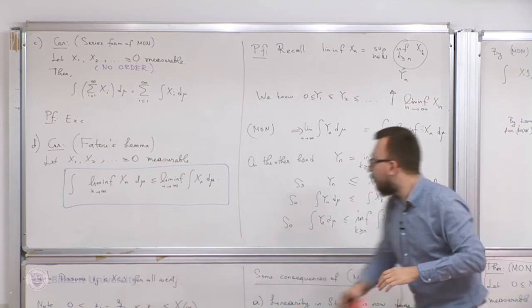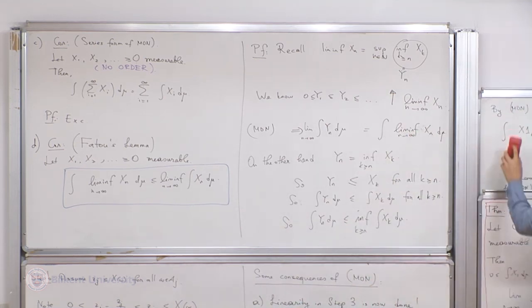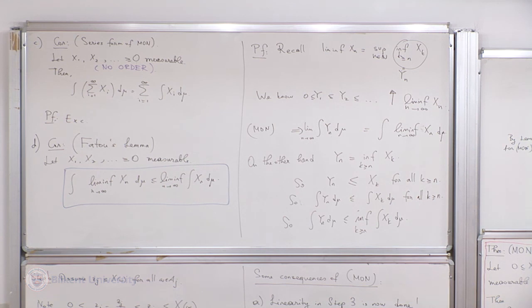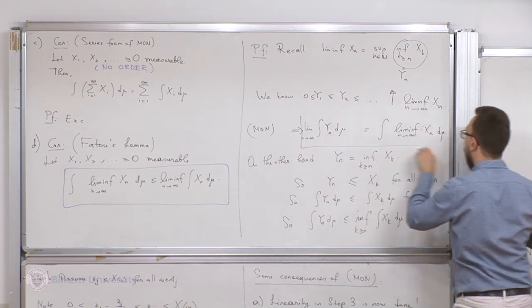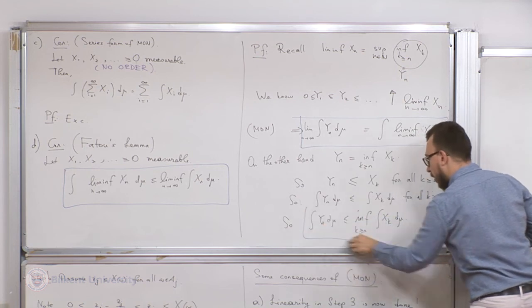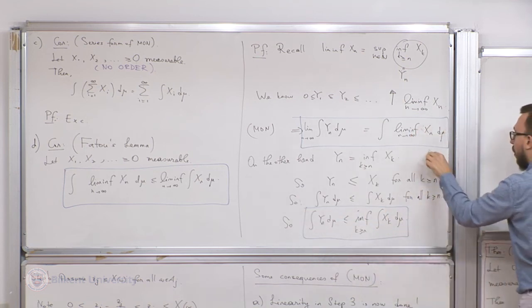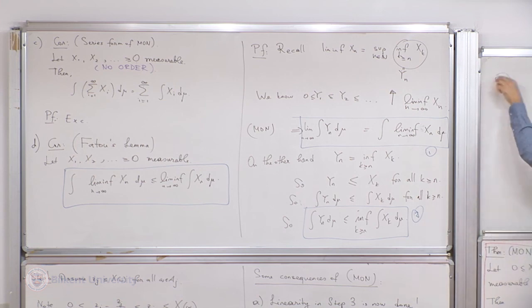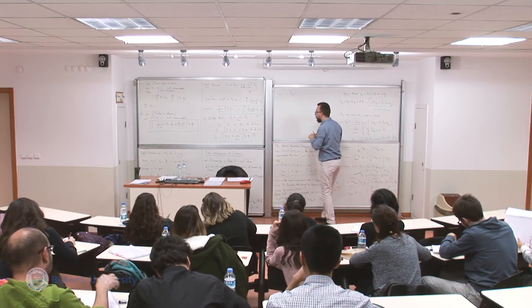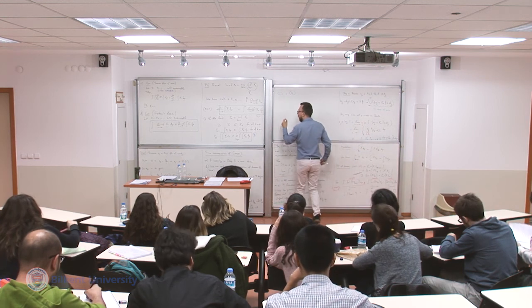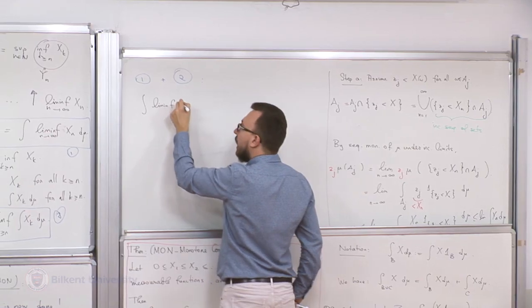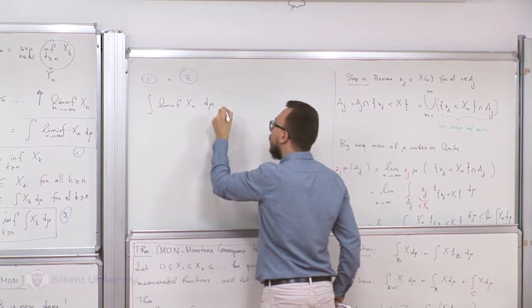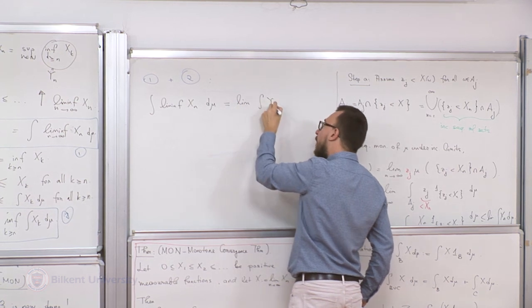So let's bring the two together and conclude. So we have this and this, 1 and 2, gives us what? The integral of lim inf xn d mu is equal to the limit of the integral of yn d mu.